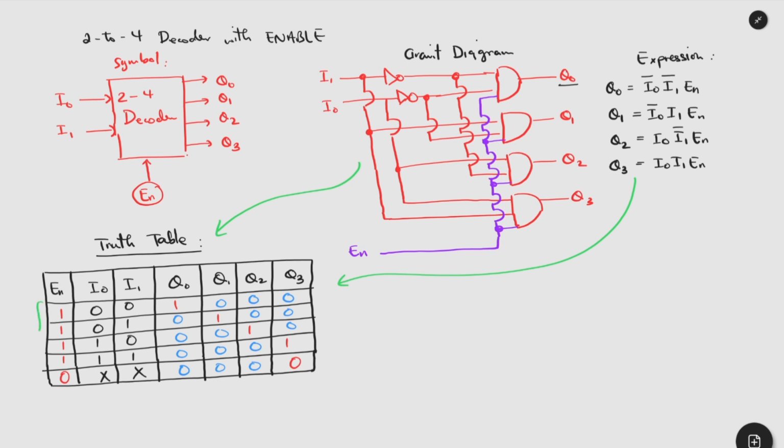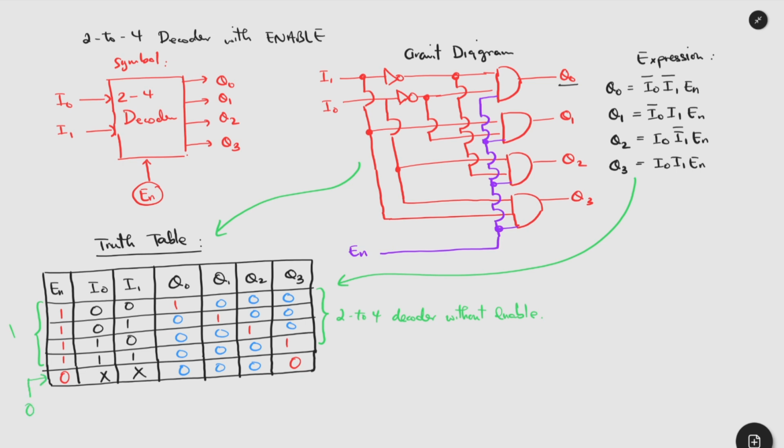If we look closely, if the enable is 1, then this behaves as a 2 to 4 decoder without the enable. However, look at the last row when the enable is 0.